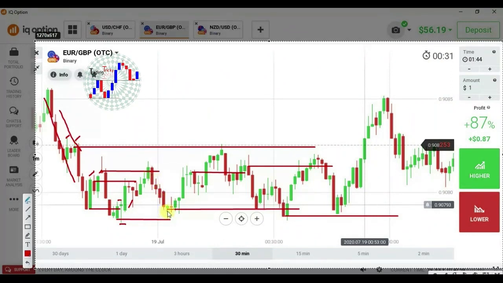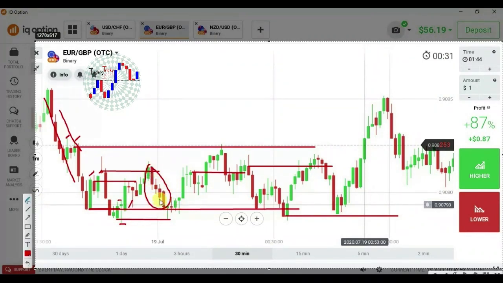Okay, so here you can see this is a rejection. What the rejection means is that this is a buyer's entry level. This is momentum.